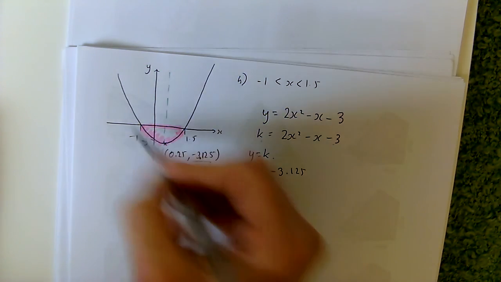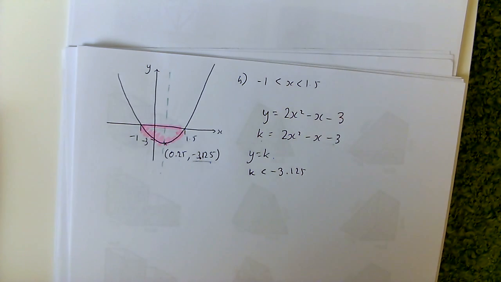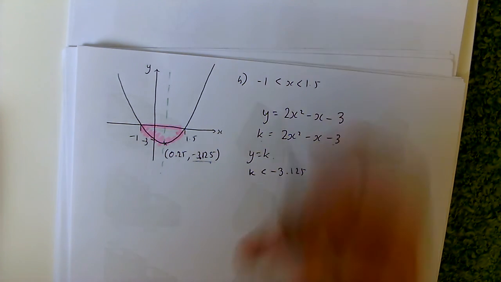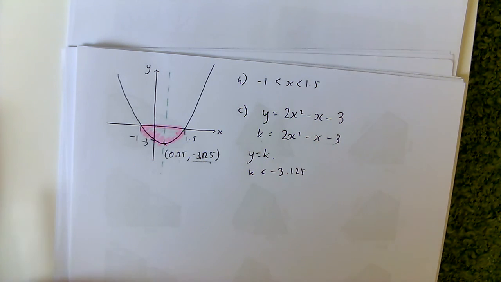Or you could differentiate 2x squared minus x minus 3, set it equal to 0 and solve for x and substitute in for y. Or you can use the discriminant method that I just mentioned earlier. So lots of options for the last part, for C, okay, but the graph can help you speed things up.